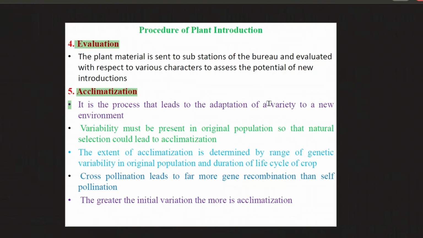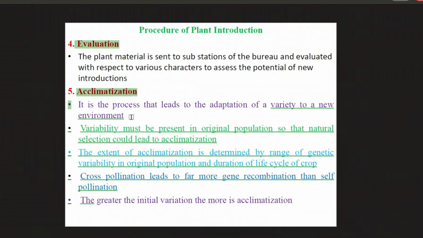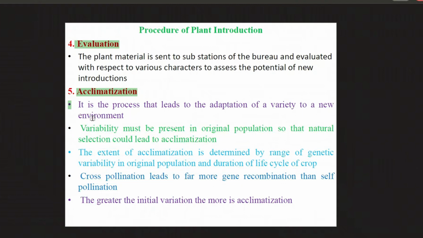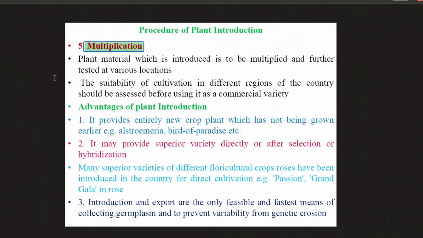Cross pollination leads to further gene recombination. And after that, at last, multiplication. The plant material which is introduced is multiplied and further tested at various locations. When we do multiplication, the stability of cultivation in different regions of the country should be assessed before using it as a commercial variety.